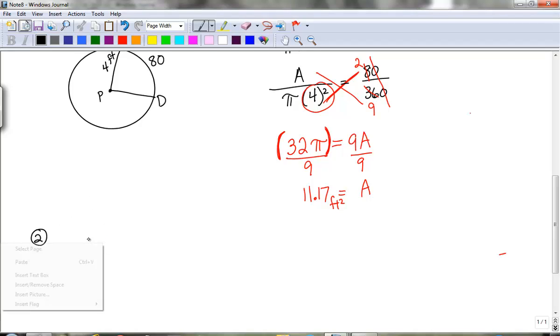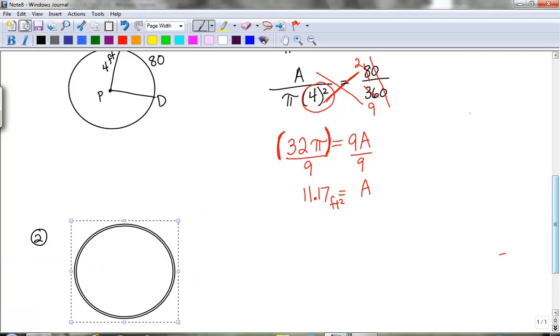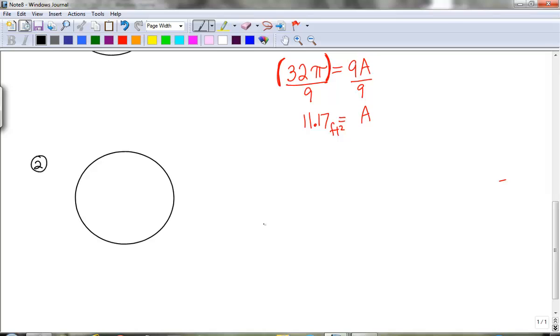Last example. Draw another circle. On this one, still at the center of the circle, I'll label that point P. I'll label this D and label this E. And this arc is 150 degrees.